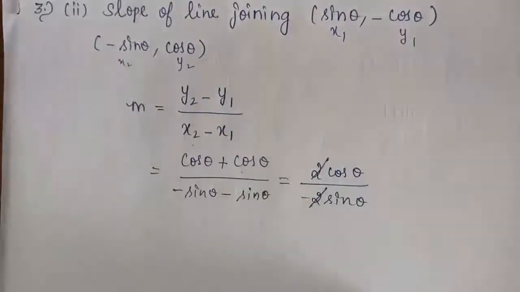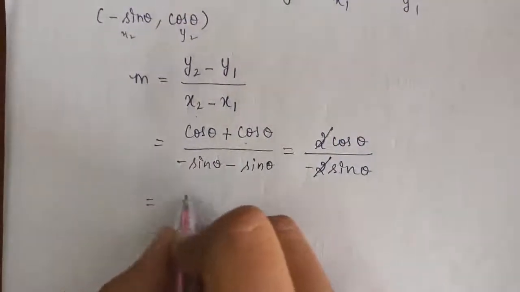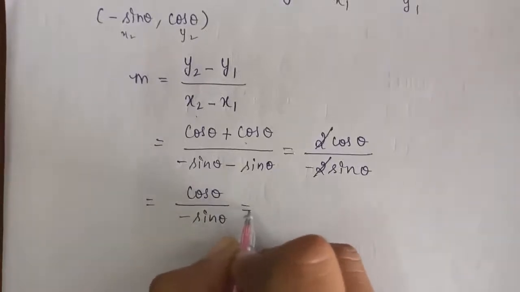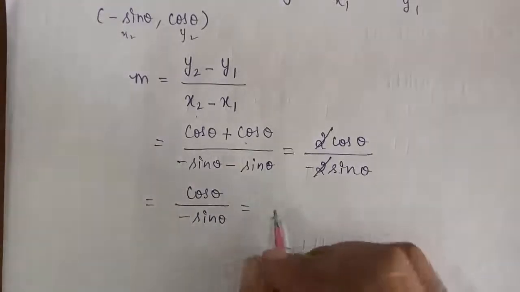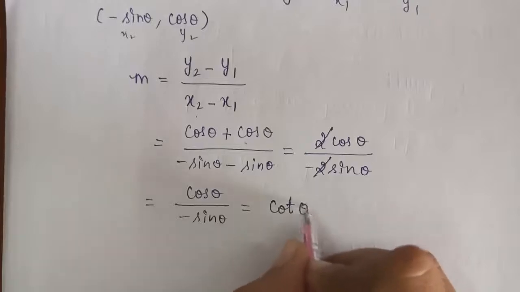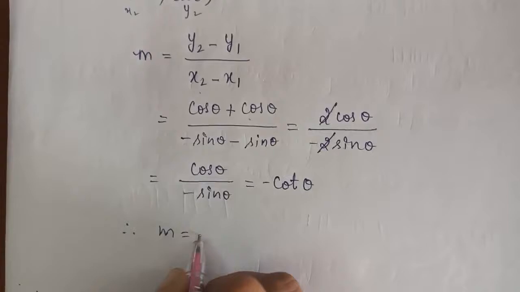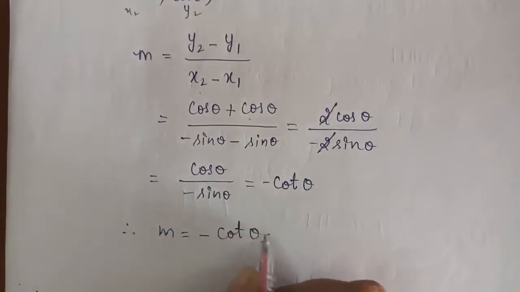So 2 gets cancelled, you get cos theta by minus sin theta, which is nothing but cos by sin is cot. So minus cot theta. Therefore the slope m is equal to minus cot theta.